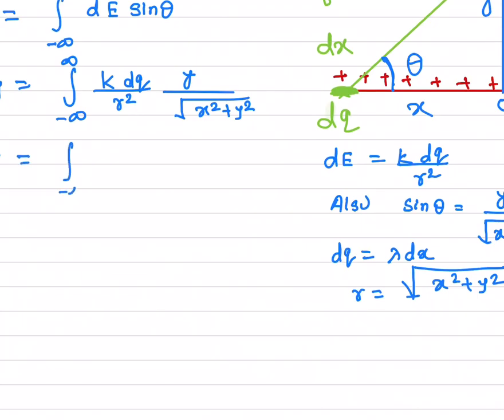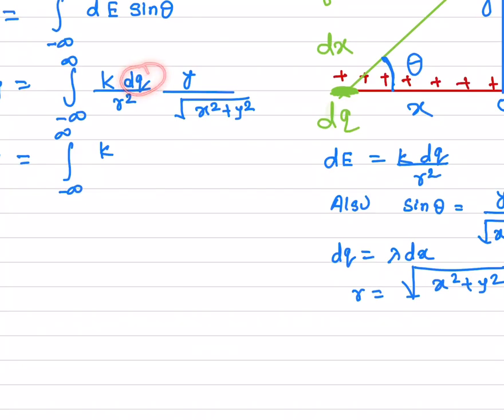Ey, from minus infinity to infinity, k dq y, and this dq is given by lambda times dx.